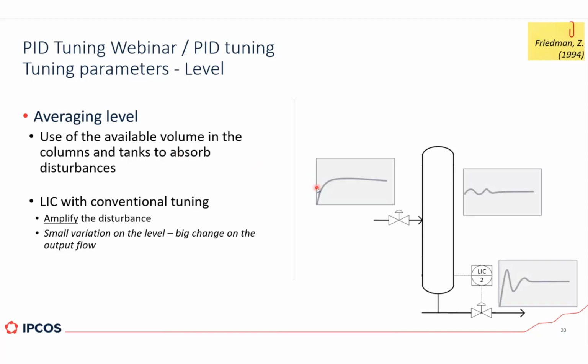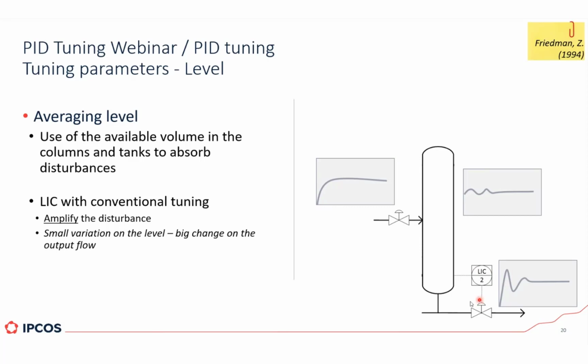So the idea is, if you have a level controller with a conventional tuning, what will happen is that if disturbances affect the column, the controller will try to keep the PV on the set point, and it will try to achieve that by changing the valve position a lot, or the slave control if you have a flow controller, for example.